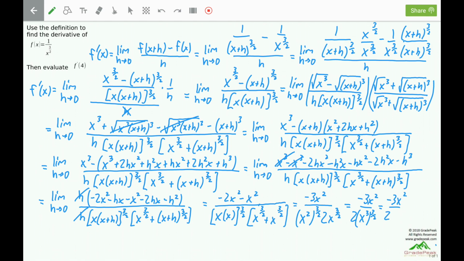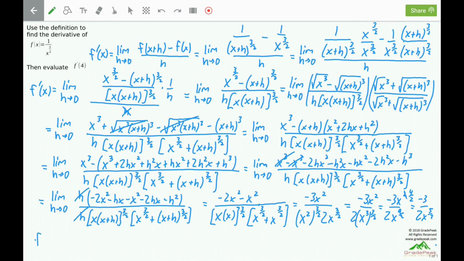X cubed to the 3 halves, you can multiply those exponents. 3 times 3 halves is 9 halves. Well, in the numerator we have x squared, which could also be thought of as 4 halves. And 9 halves minus 4 halves is 5 halves. And so our derivative is negative 3 over 2x to the 5 halves.